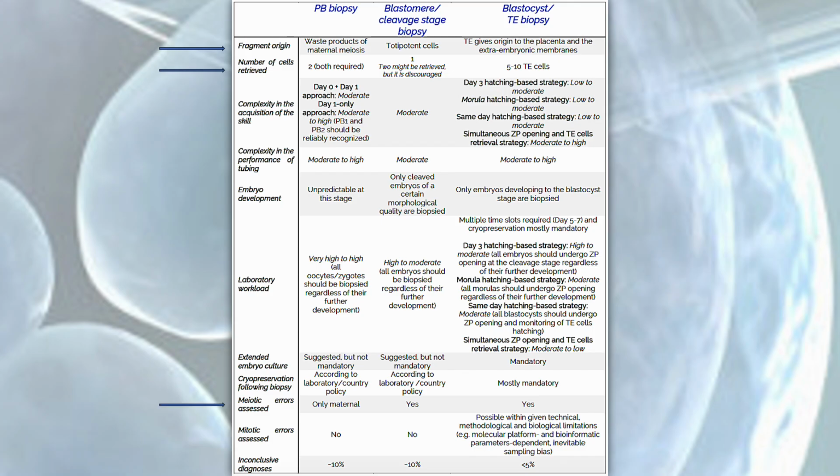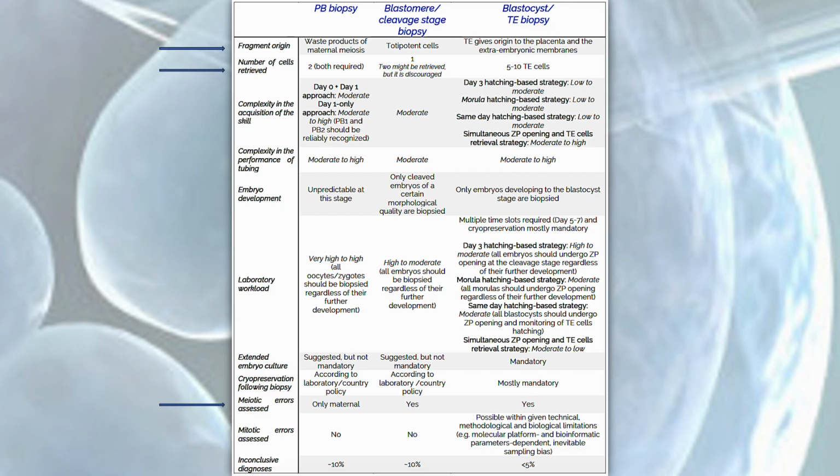The meiotic errors assessment. In polar body biopsy, only maternal meiotic errors can be assessed, while in blastomere or cleavage stage biopsy, the meiotic errors, both paternal as well as maternal, can be assessed.